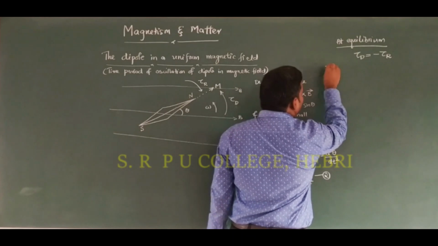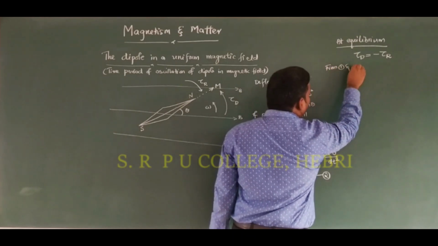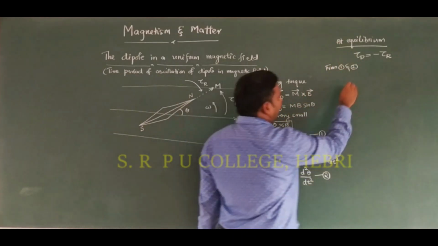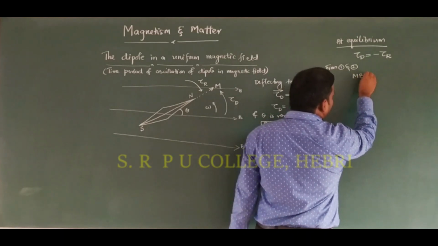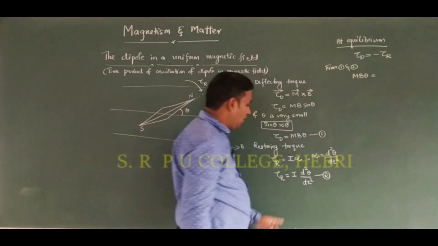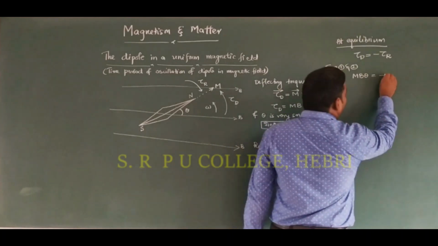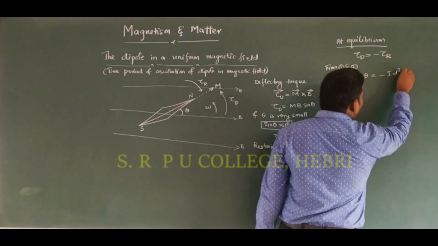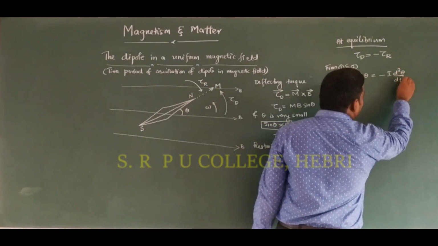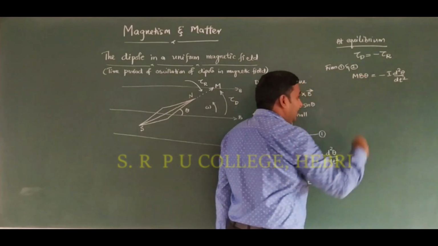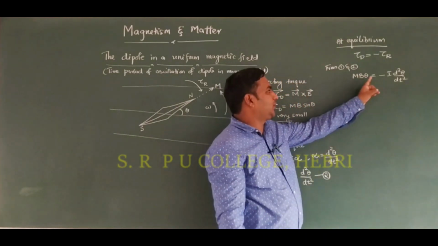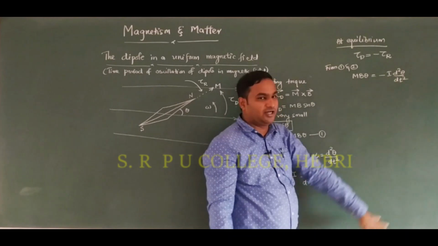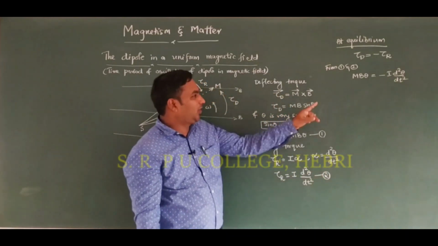From 1 and 2, we can say that MB theta, the deflecting torque, is equal to minus I into d square theta divided by dt square.